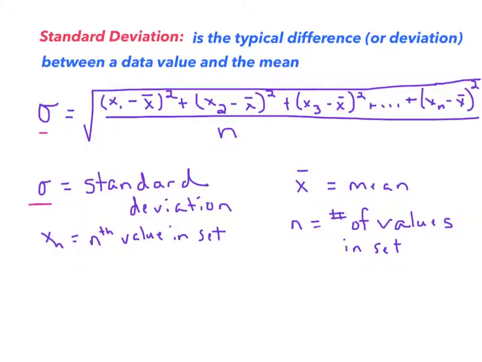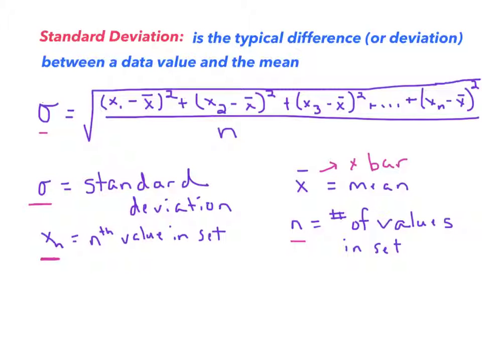The x bar is the symbol for the sample mean, the mean of the sample of data. And x sub n stands for the nth value in the set, because n stands for the number of values in the set, so x sub n represents the last value in the set.